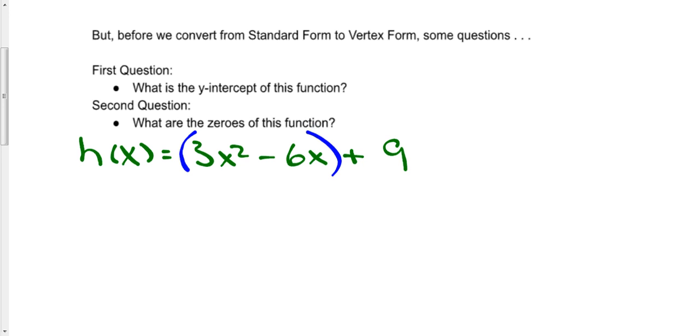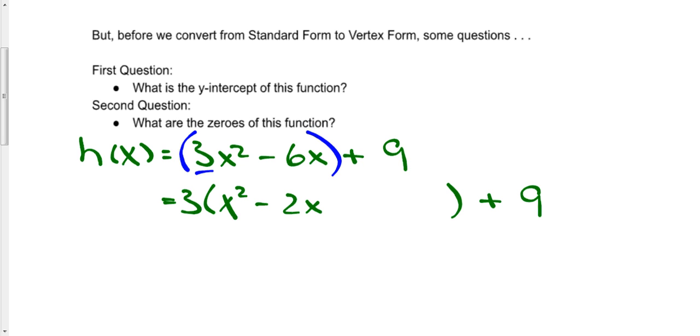Second step, I'm going to factor my A out. In this case, my A is 3. I'm going to factor that 3 out. So h of x equals 3 times x squared minus 2x, and then I'm going to leave a space here, plus 9.